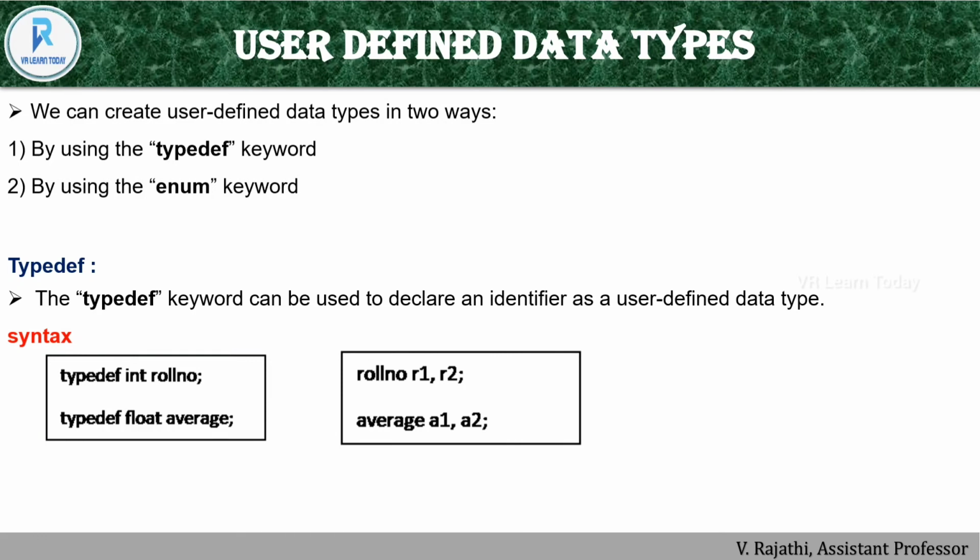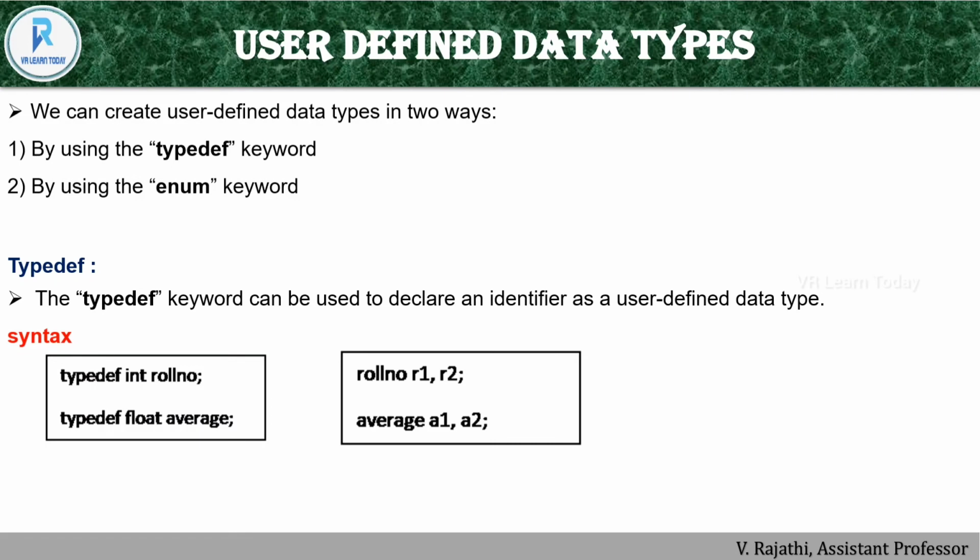So if I declare in this format, see, RollNumber r1, r2, now RollNumber will act as an integer data type, because we mentioned typedef int RollNumber. So RollNumber r1, r2 means r1 and r2 will be integer data type.